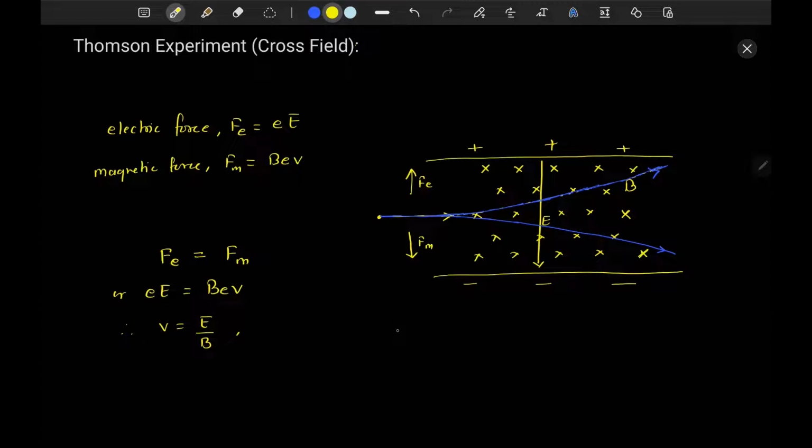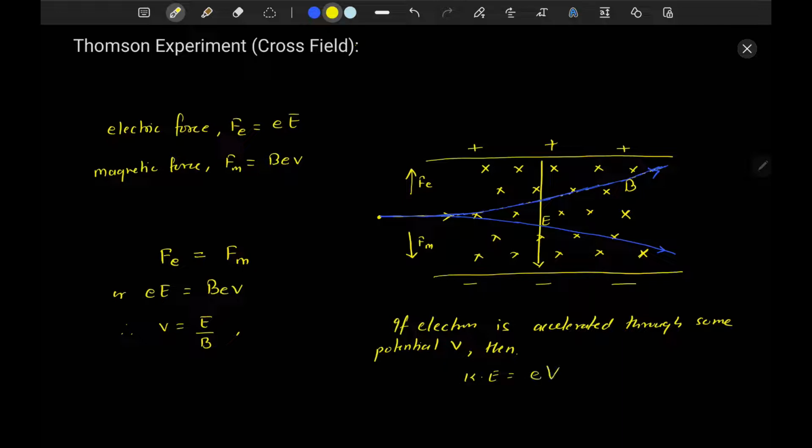As we know, if the charged particle or electron is accelerated through some potential V, then the kinetic energy developed in the electron is given by eV, or half mv square is equal to eV, or v is equal to root of 2eV by m. We will use this concept over here.